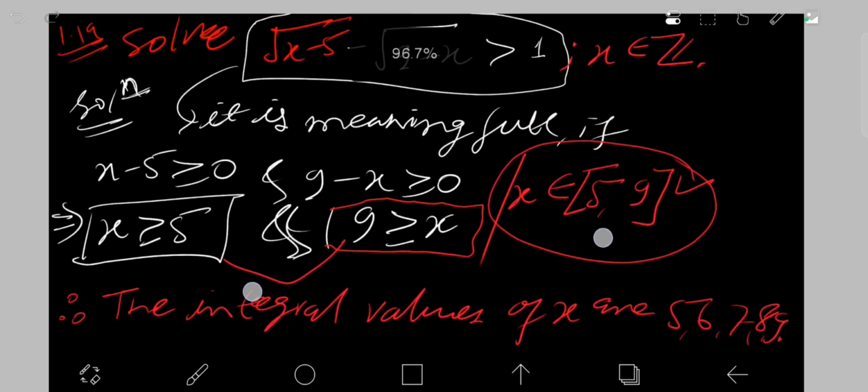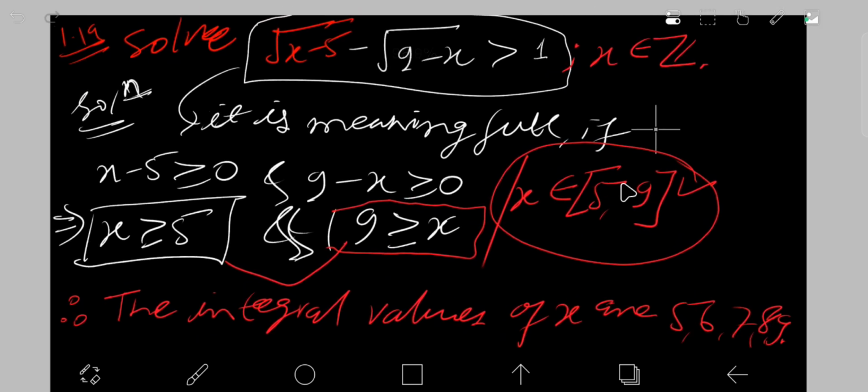This is the question. When we take x equal to 5, x minus 5 is 0. On the other side, 9 minus 5 gives 4, and the square root of 4 is 2, so 0 minus 2 gives a negative number.